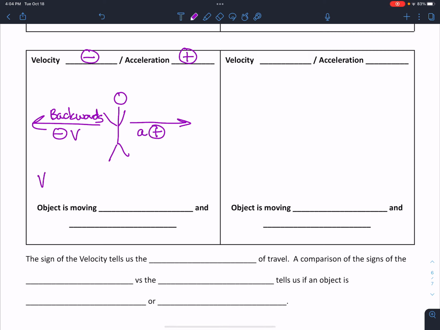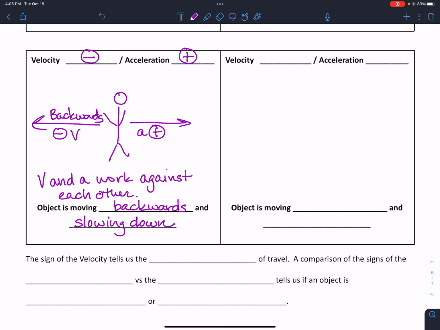So velocity and acceleration work against each other. So the object is moving backwards because of the sign of velocity, and slowing down.